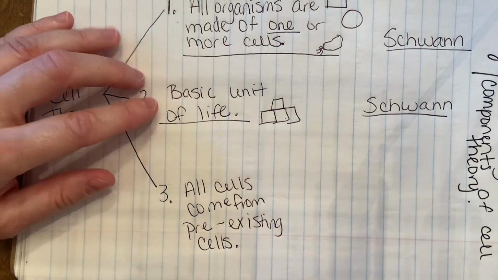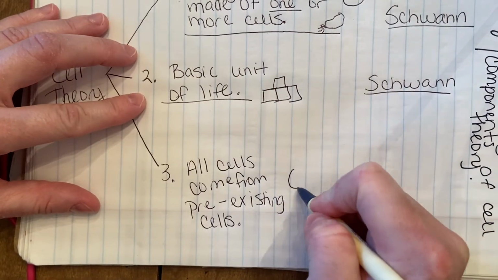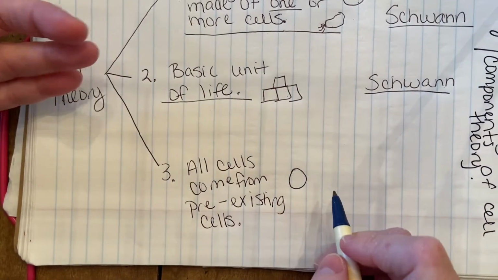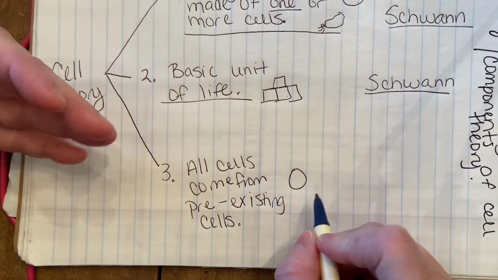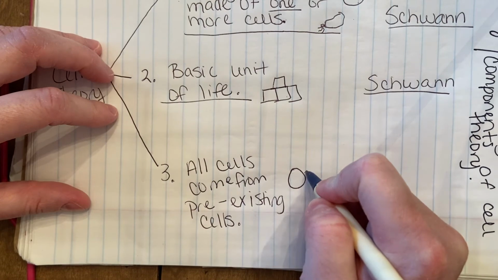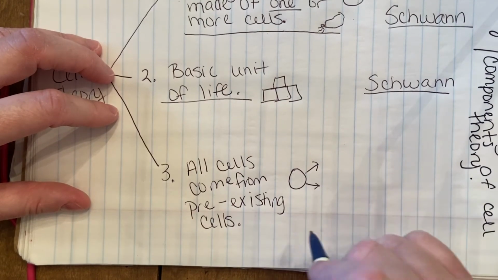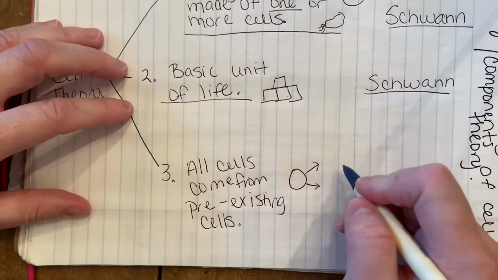All right, so my picture that I'm going to draw is I'm going to have a cell. Okay, this is a cell. This is a eukaryotic cell because it's round. It's going to be an animal cell since it's round. All right, so I have this little cell. It is ready to divide and to create a new cell.